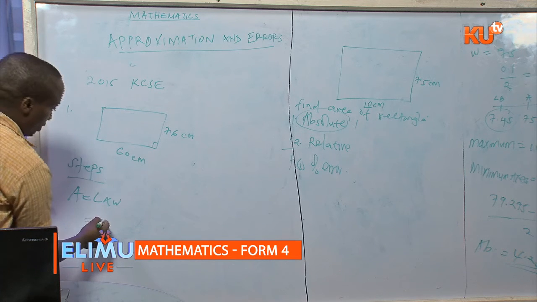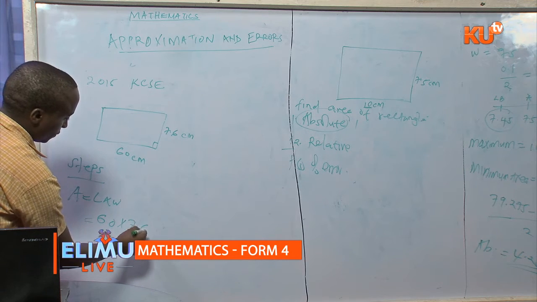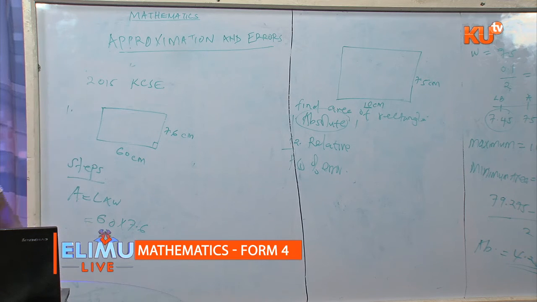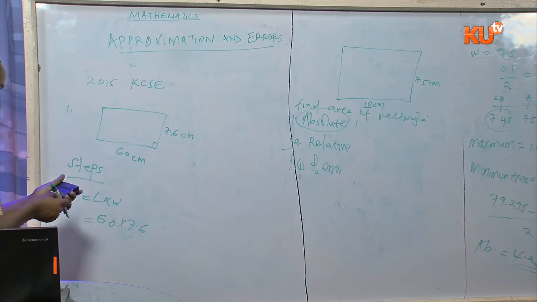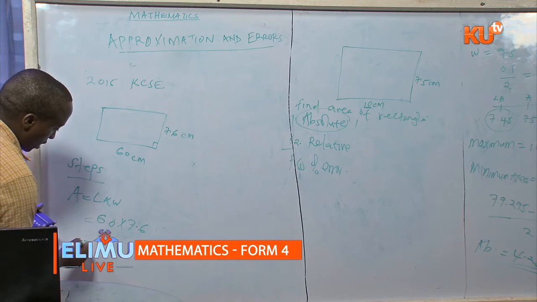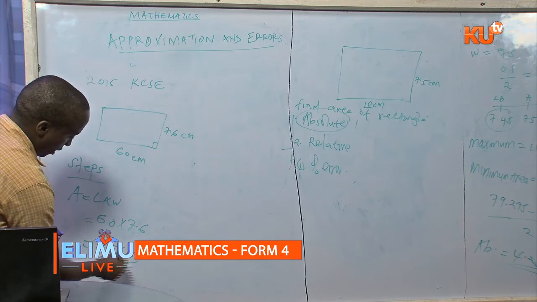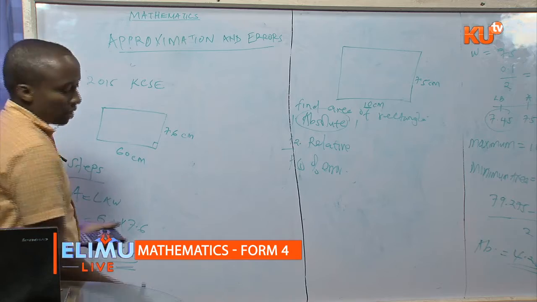So it will be 60 multiplied by 7.5. Just use your calculator. It will be very simple. You get the actual area in centimeters squared. That's the first step.